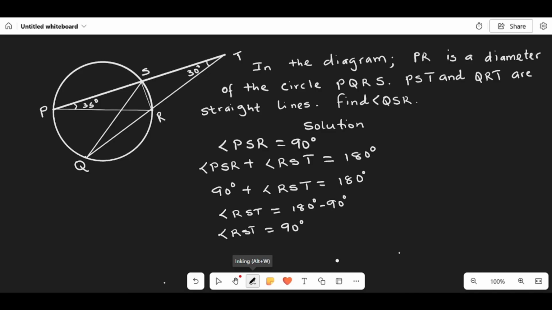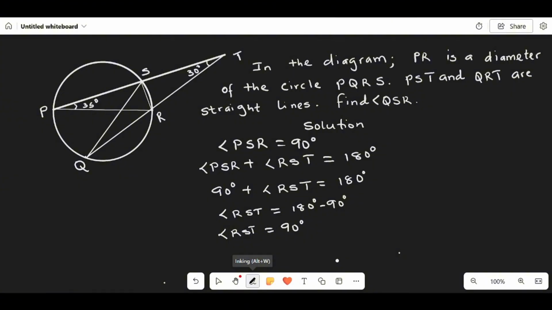Our angle SRQ is equal to the sum of angle RST and angle STR by the exterior angle of a triangle theorem, which says the exterior angle of a triangle is equal to the sum of the two interior remote angles.